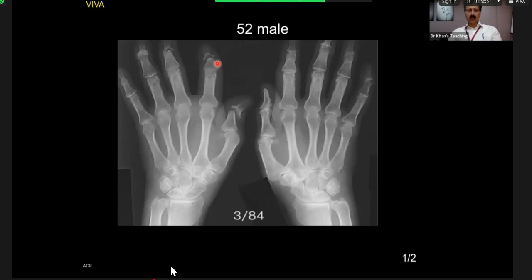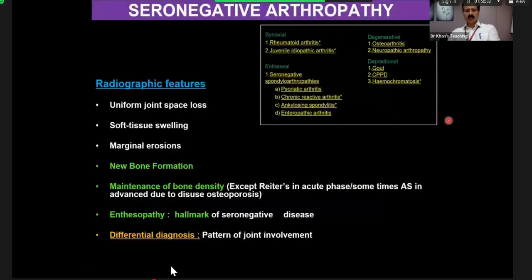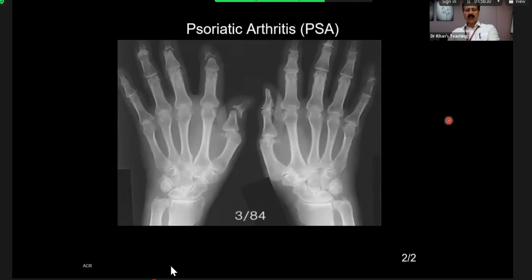Now, if you look carefully, you can see these erosions which are practically involving the whole of the articular surface. Look at this one, the pencil and cup type of deformity. So the distal joints are involved, and so this is psoriasis. And we will take a break now, a 5-minute break. Thank you very much, candidate 2.